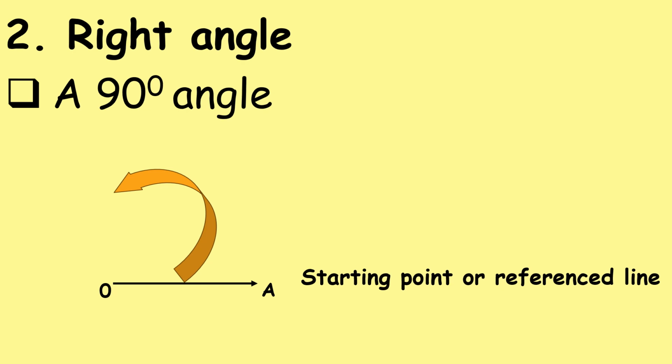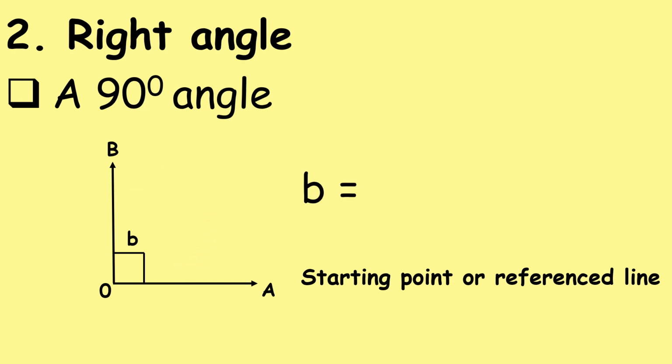This time around we have a line which is OB perpendicular to the line OA. Perpendicular means at an angle of 90 degrees to the line OA. So this is what makes it a 90 degrees angle.